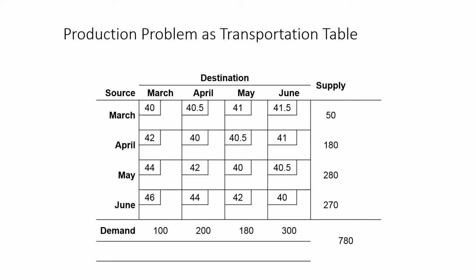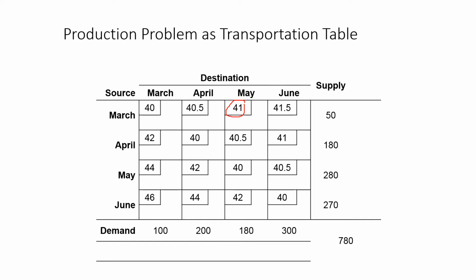That means the total transportation cost, or the production cost in this case, would be 40.5. Similarly, if you produce something in March and you sell it in May, that means you left it in inventory for 2 months, which is twice the 50 cents, which is $1. On top of the $40 production cost, that will give you $41.